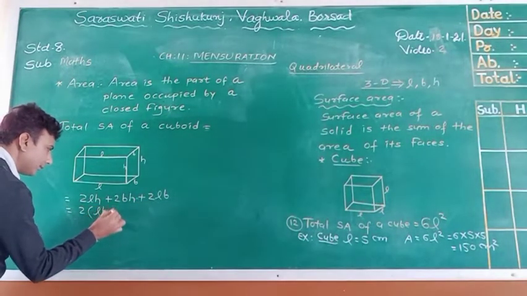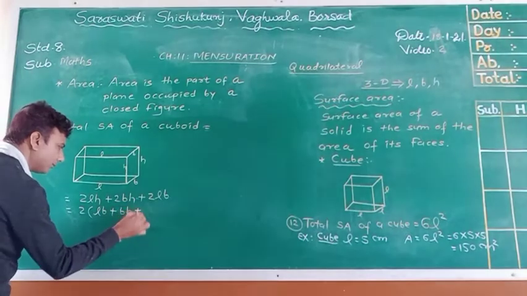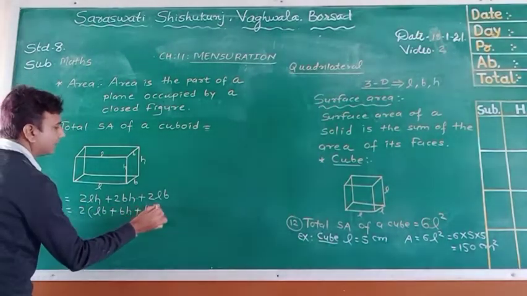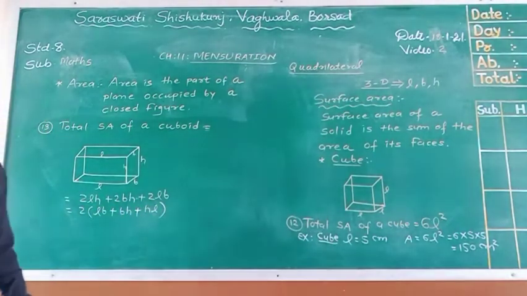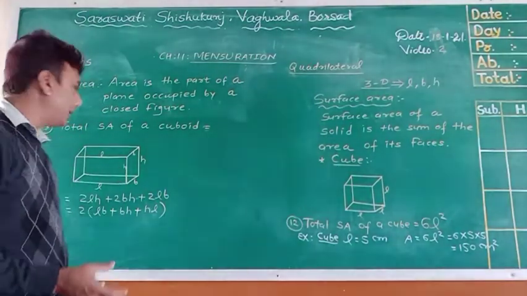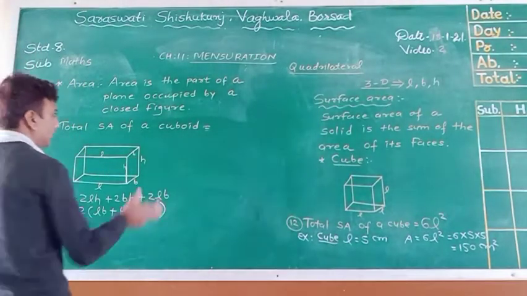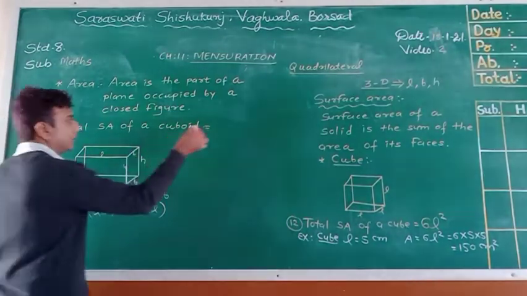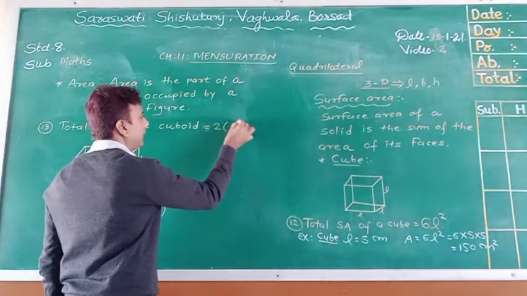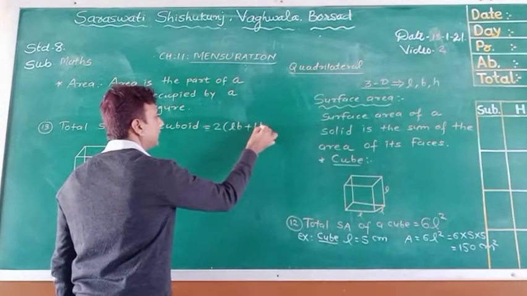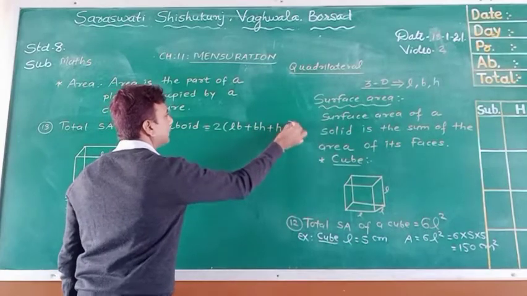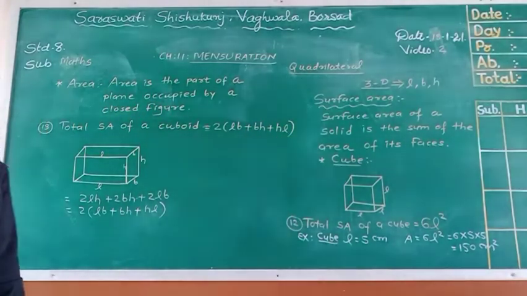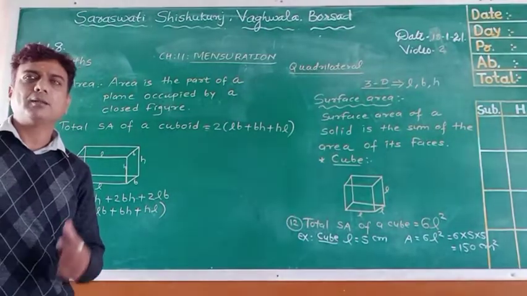LB plus BH plus HL. Okay, so this formula to find total surface area of cuboid. See, so this is our formula, 2 into bracket LB plus BH plus HL. This is the formula to find surface area of a cuboid.